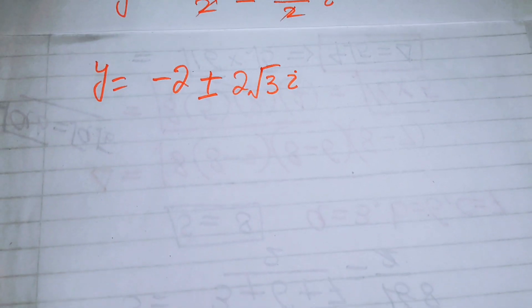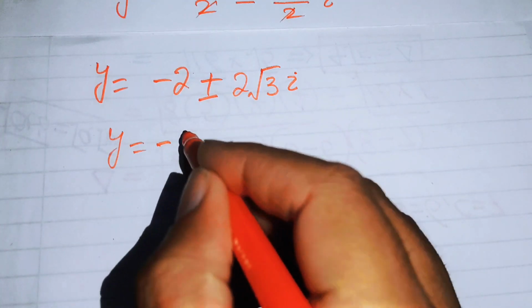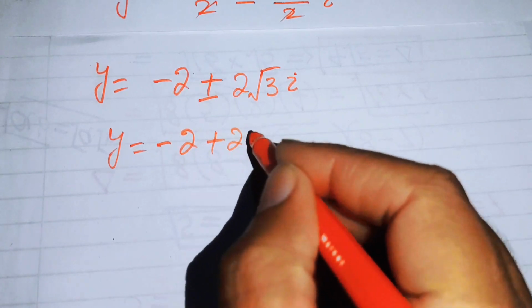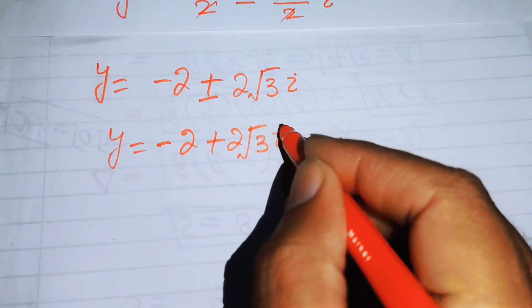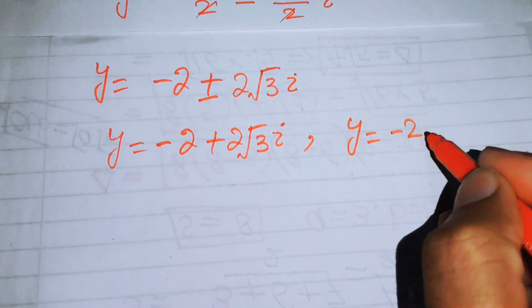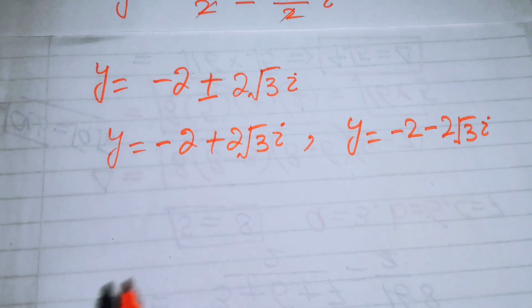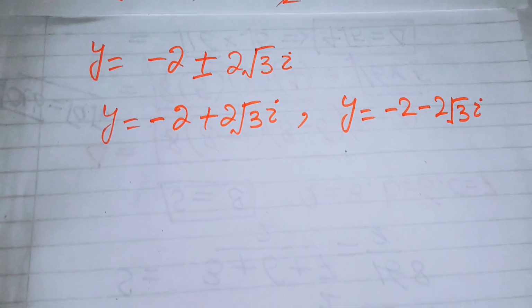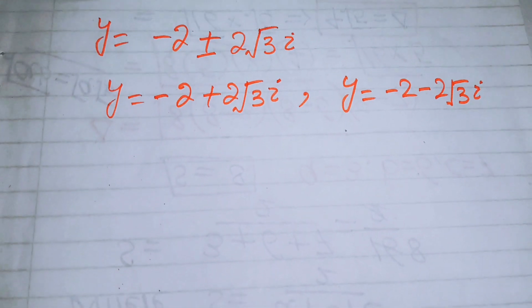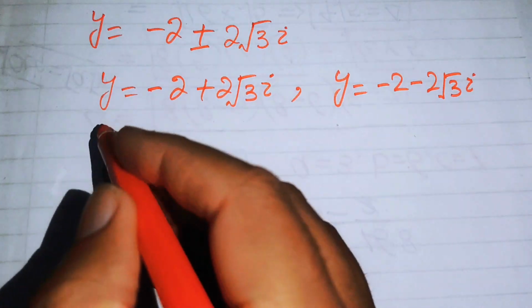So now we can make two cases here. I can separate the positive and negative values, and you write y equals minus 2 plus 2 times square root 3 iota, and y equals minus 2 minus 2 times square root 3 iota. And now we back substitute the value of y, because at the start of the problem we took y equals n squared.